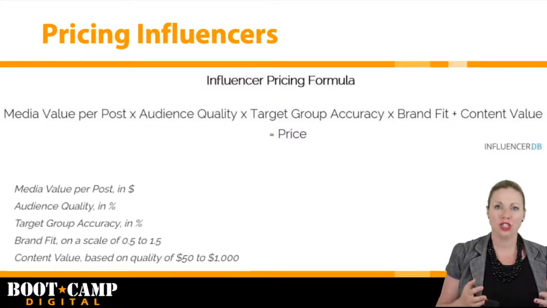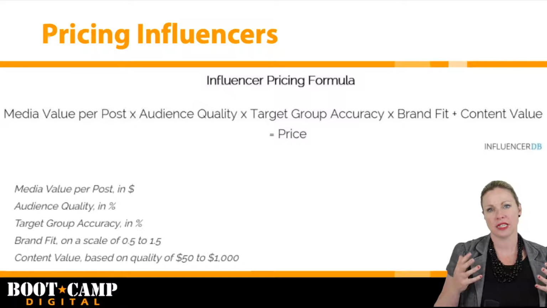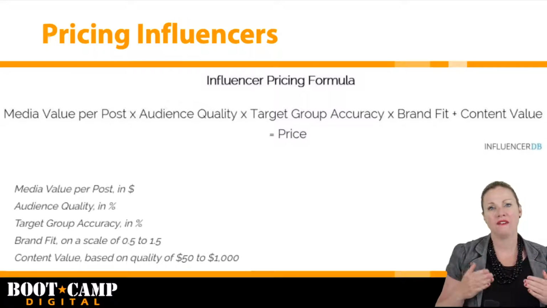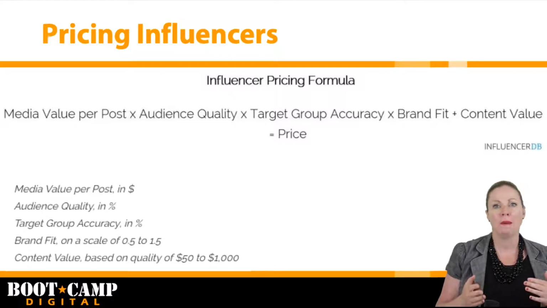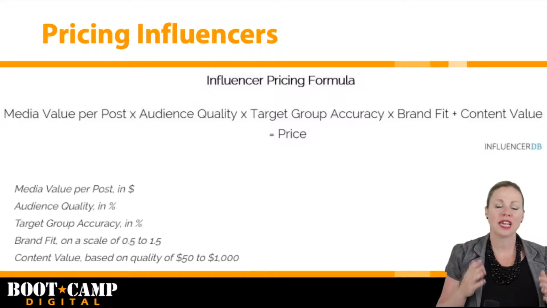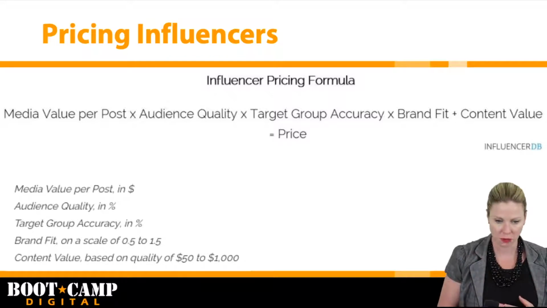So what I would want to do is look at the accuracy of her demographics relative to mine. I may find right off the bat, 50% of her followers are men. And then within the women, maybe 25% meet that demographic. So that would say that 25% of the total audience is within my target group. So your target group accuracy is the percentage of the audience that's within the group that you want to reach.